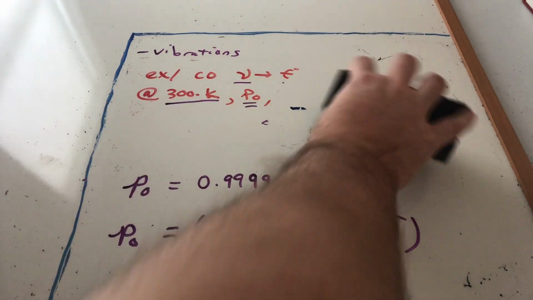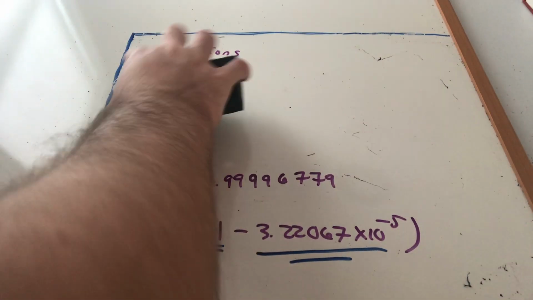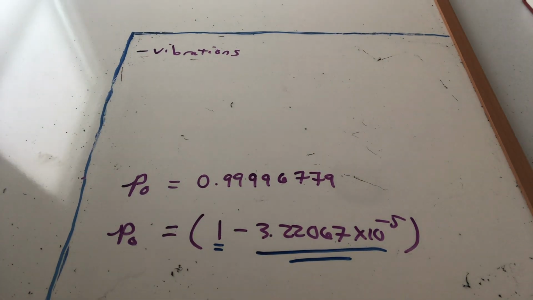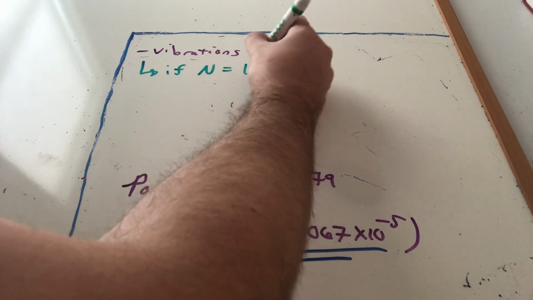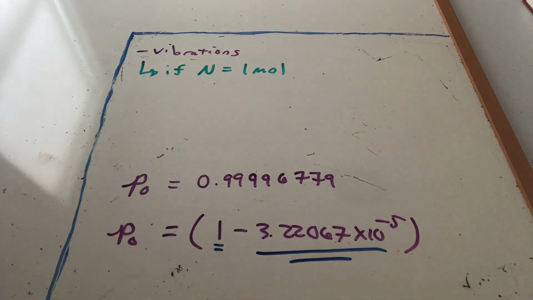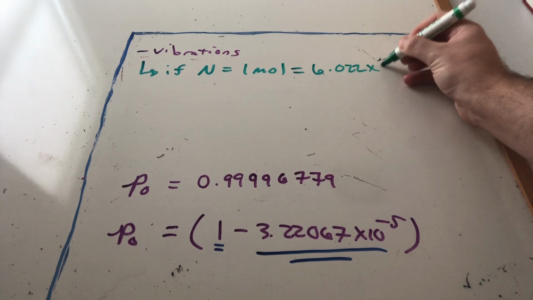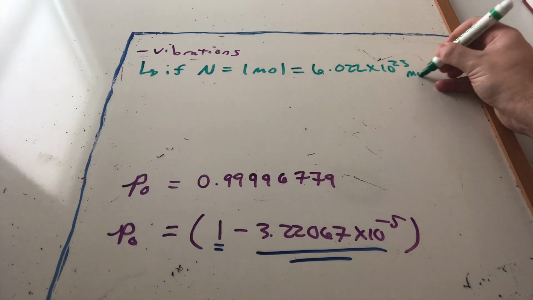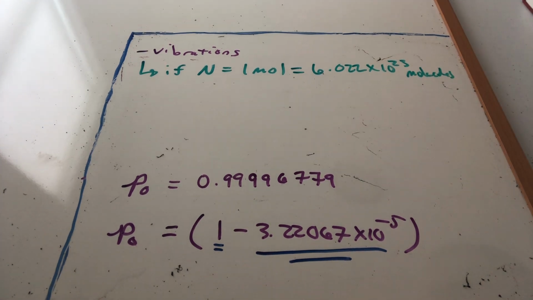So let's say now we continue our example and we have 1 mole of molecules. Now we know that 1 mole is 6.022 times 10 to the 23rd molecules. So that's how many carbon monoxides we have.